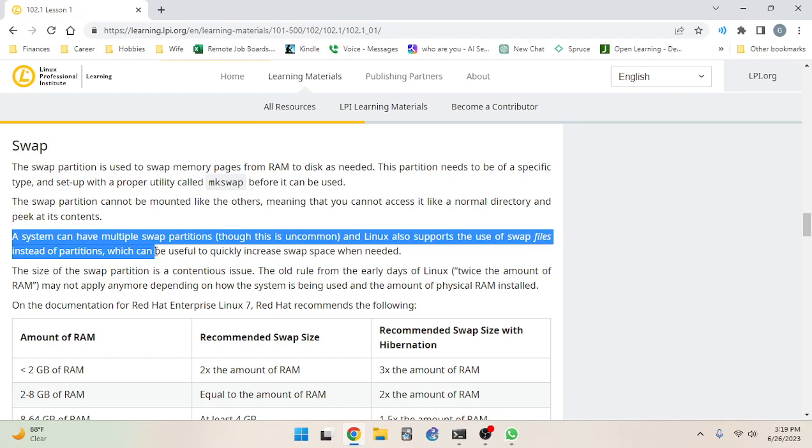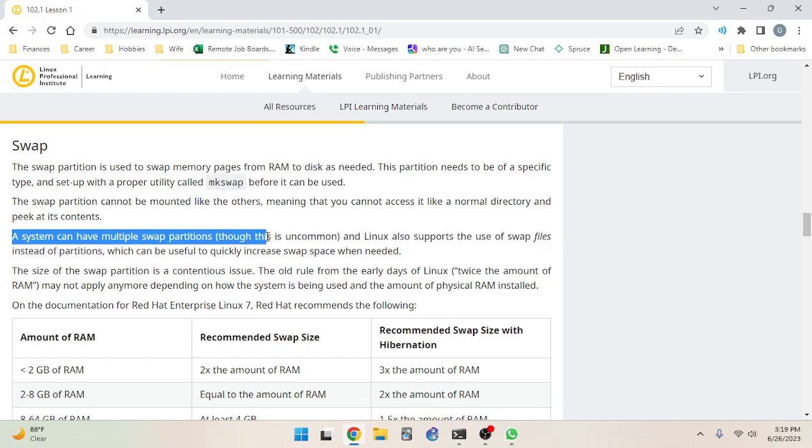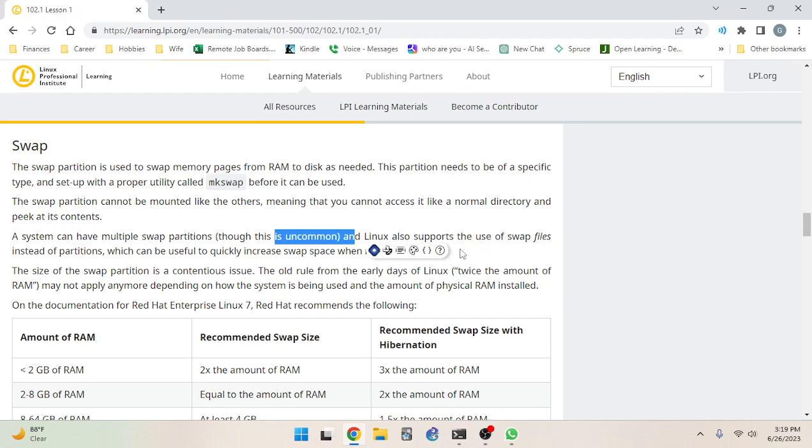A system can have multiple swap partitions, although this is uncommon, and Linux also supports the use of swap files instead of partitions, which can be useful to quickly increase swap space when needed.